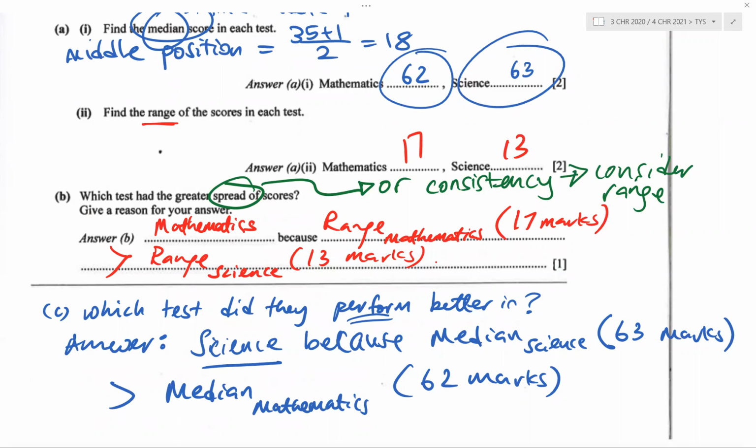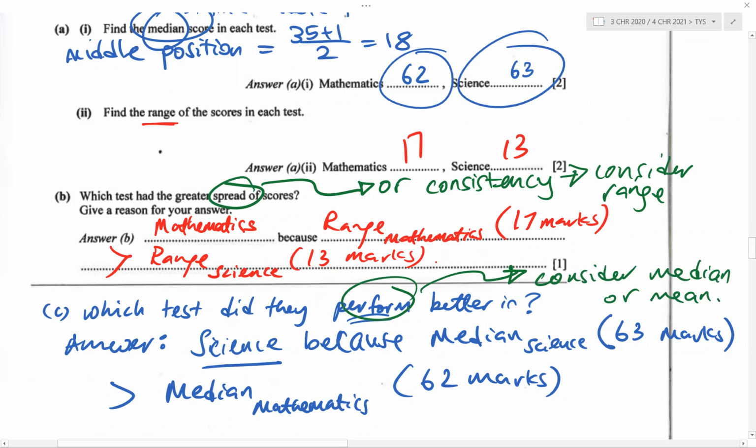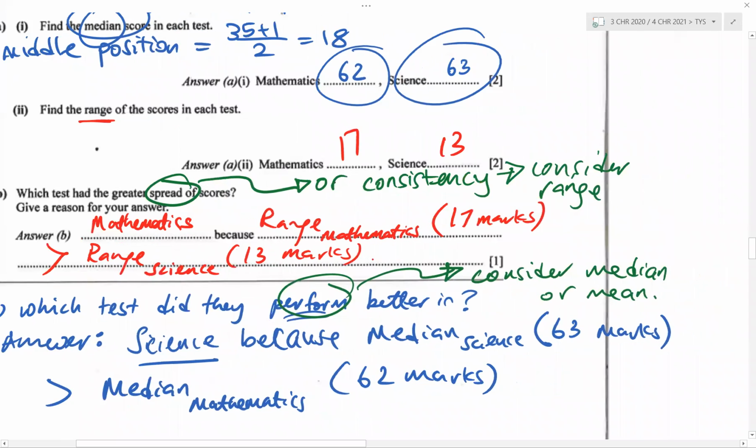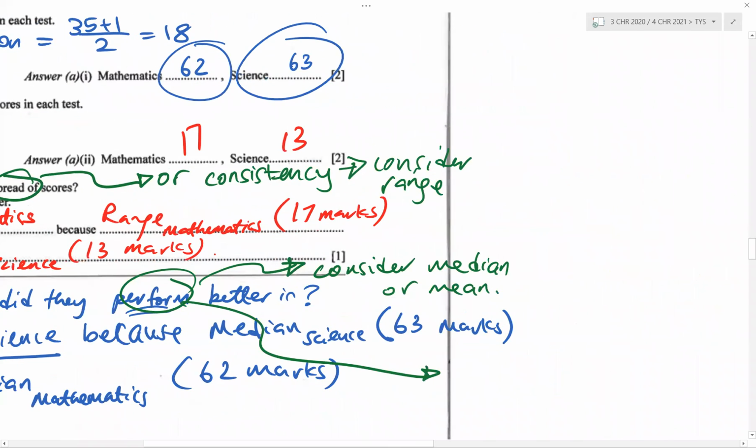Then the next one is our performance. Performance question, consider median or mean. Performance is also related to keywords like heavier, faster, taller, better.